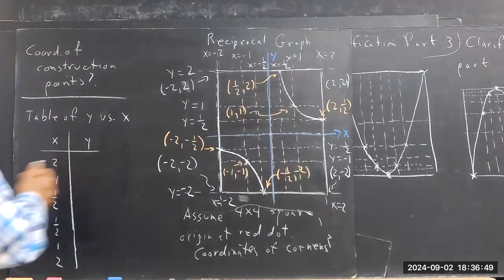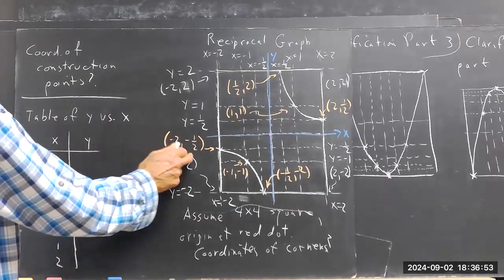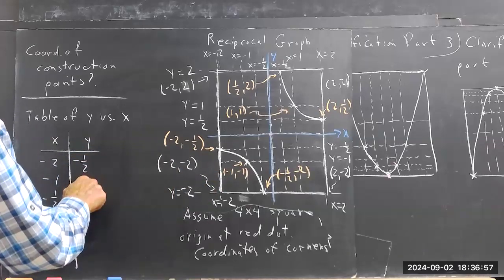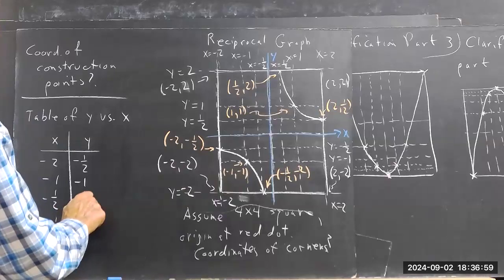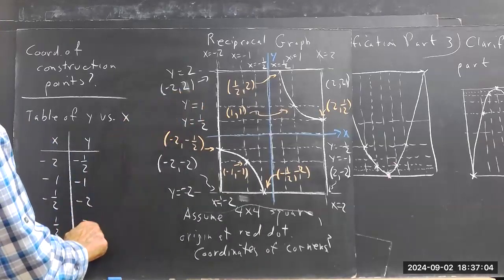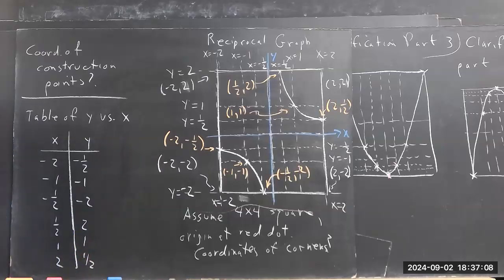So what are our y values? We can just read them off: -2, -1/2, -1, -1, -2 here. And then we have 2, 1, 1/2. There's our table.